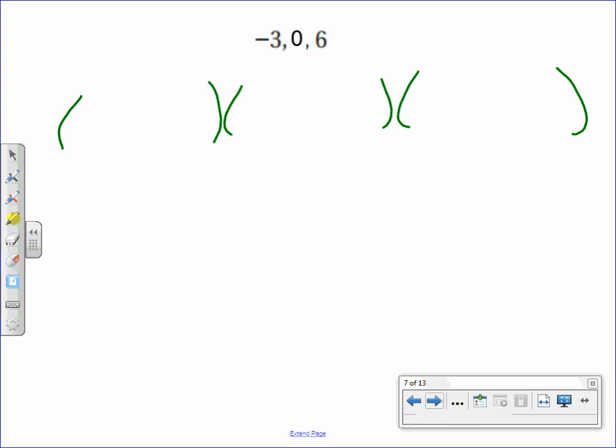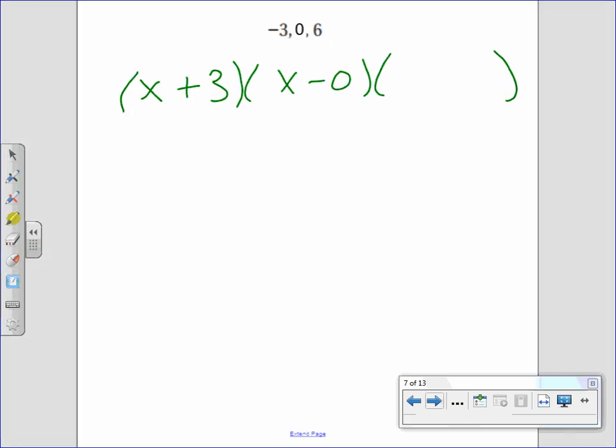What would the first one look like? X plus 3? I agree. What would the second one look like? X minus 0. So basically x minus 0 you could just write as just x, okay? And then the last one?